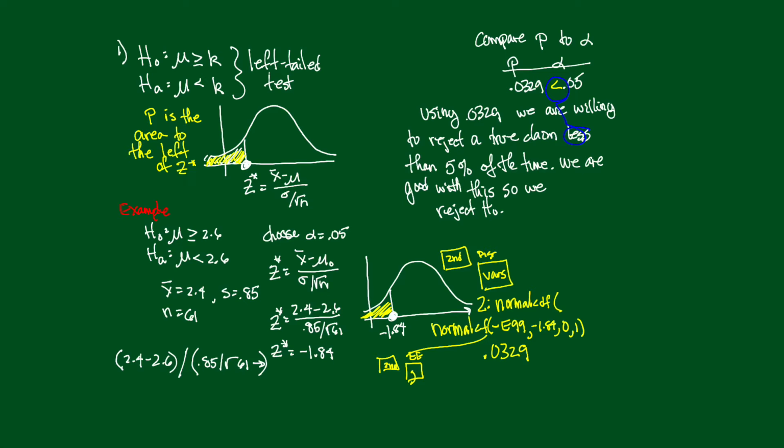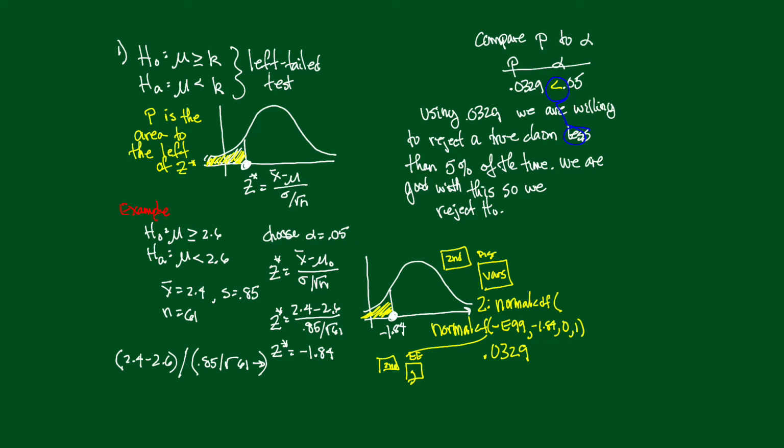Well, it makes sense to continue on with the test. Now what I have to do is choose my alpha value, so I'm going to choose 0.05, which means that we're willing to reject H naught. If this is true, we're going to reject it 5% of the time. Now, I'm going to run my test statistic. Z star, I'm going to standardize, so Z star is X bar minus mu naught, I'll put mu naught to remind me that that's the number I put in, divided by sigma over square root of n.